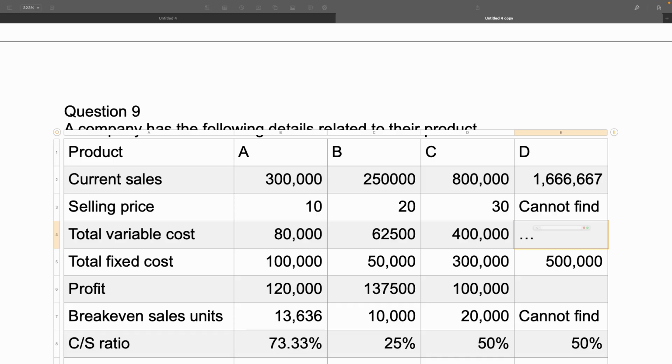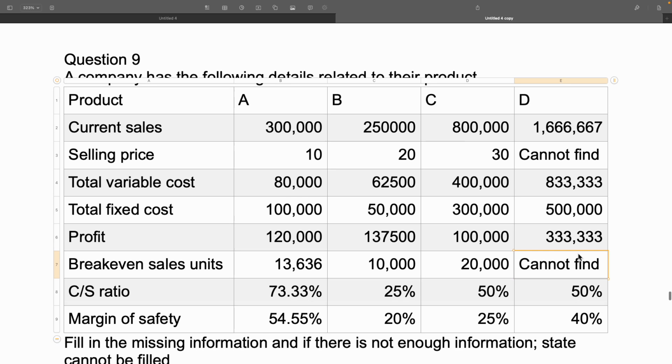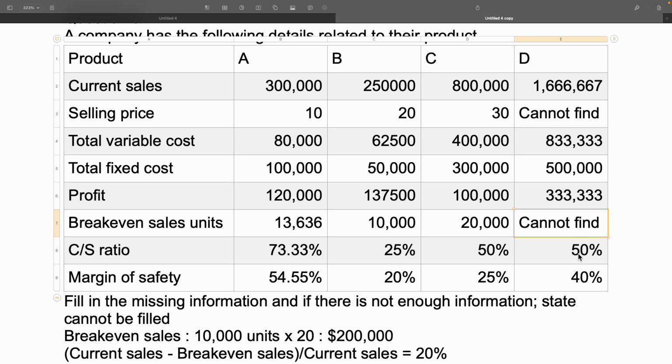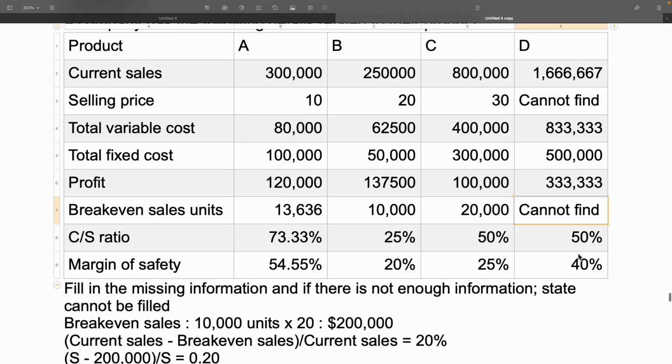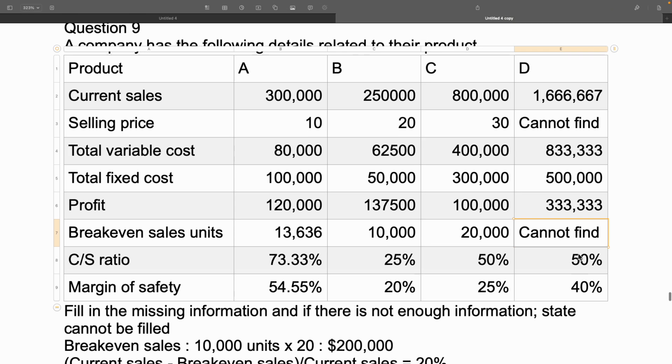Variable cost is going to be 50%. So here, that would be the answer you can get. Hopefully you know how to get the answer for each one. And this one, of course, something cannot find. These two don't have, which means this one cannot be found already.